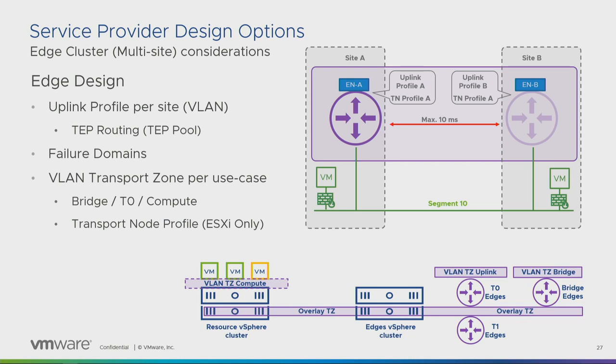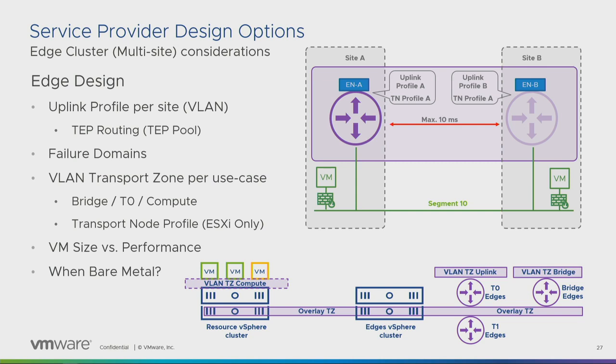If you do so, it frees up the complexity of your resource cluster, and you make sure that the VLANs are only configured and can be used on the spots where you need them. That's a good thing for simplification and uniformity of your platform. And of course, use transport node profiles when configuring your ESXi hosts. These are only available for ESXi, so not for edge nodes themselves.